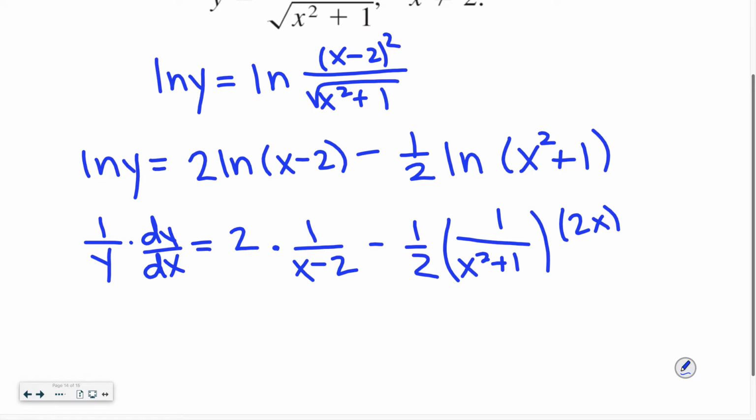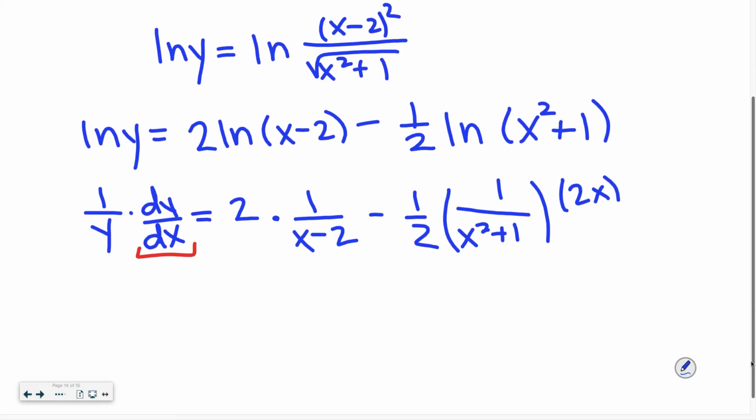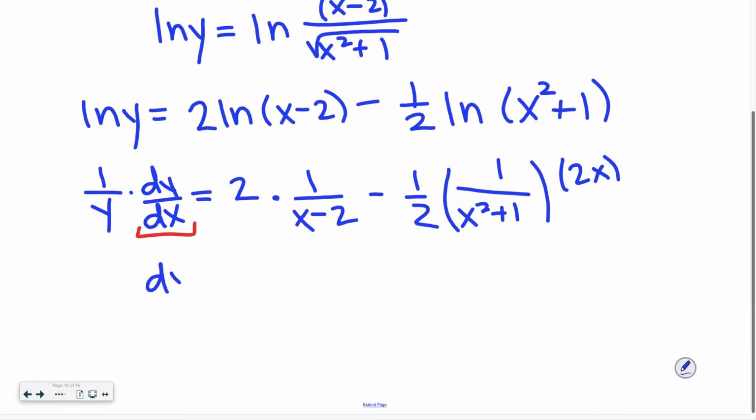Now, what would our last step be? We want to solve for dy dx, so we would need to multiply the y to the other side. So, dy dx equals the quantity. I'm just going to go ahead and write this as 2 over x minus 2.